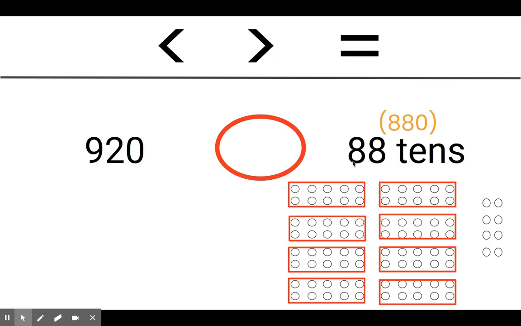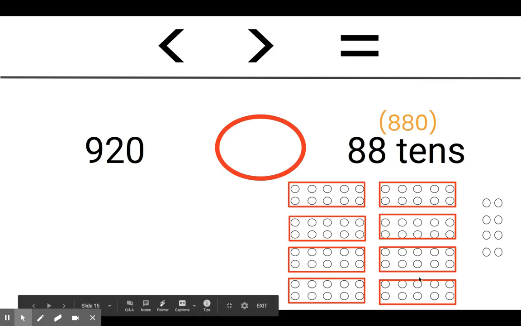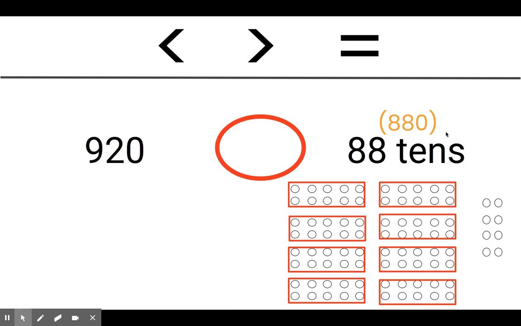The first 8 in 88 tens represents 8 groups of 100. This 8 represents 80. 88 tens is 880. Now we can more easily compare these two numbers, 920 to 880. Write on your whiteboard which symbol we would use to compare these two numbers when they're written as is.